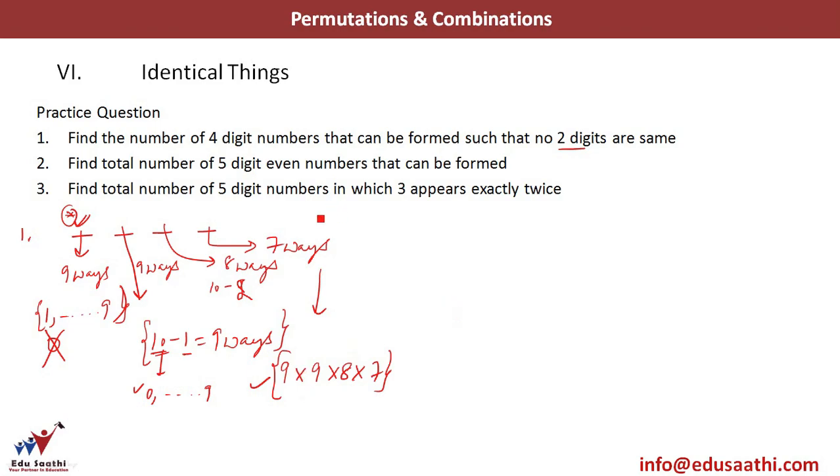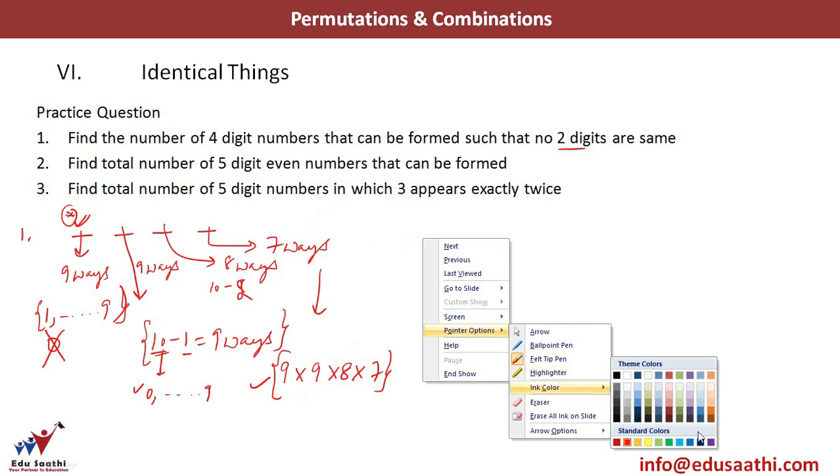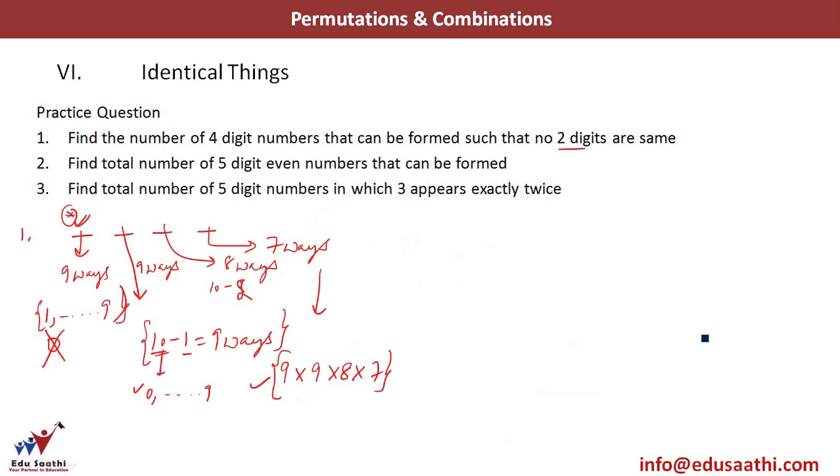Okay, let's solve the second question. I'll just change the ink color here. Find the total number of 5-digit even numbers that can be formed. So let's take the second question here. I need a 5-digit number, so I'll make 5 dashes here. Now what are even numbers?